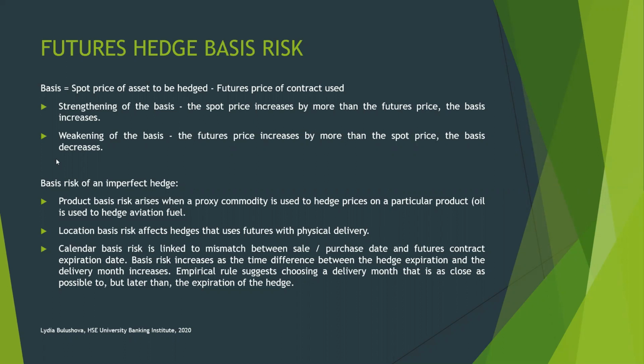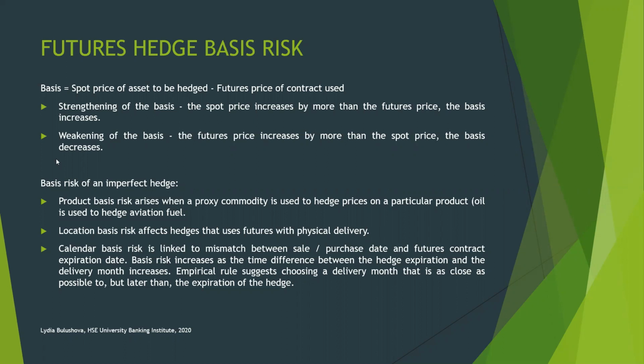So look, we have a traded asset, and we have its price. And we have a futures contract on a different asset, a proxy asset, because we don't have futures on the particular asset that we'd like to hedge.